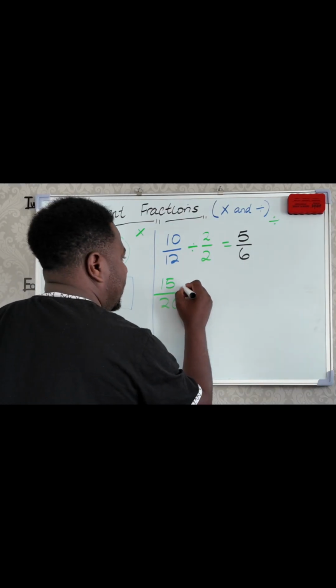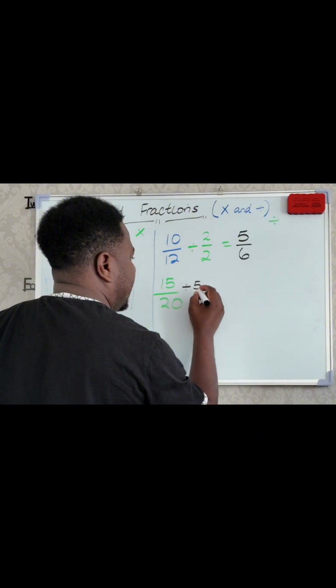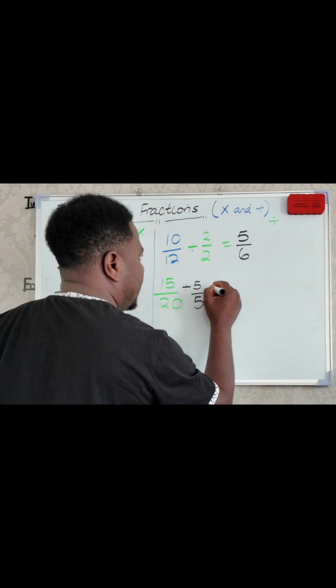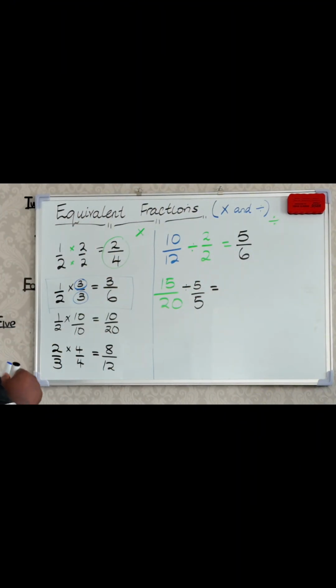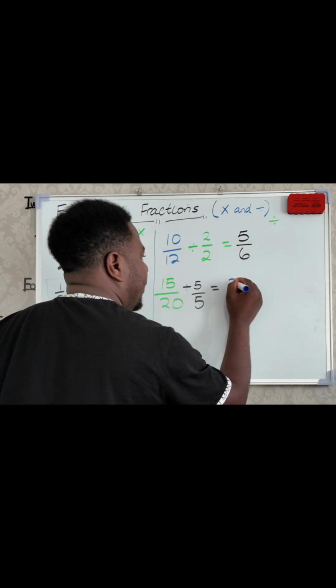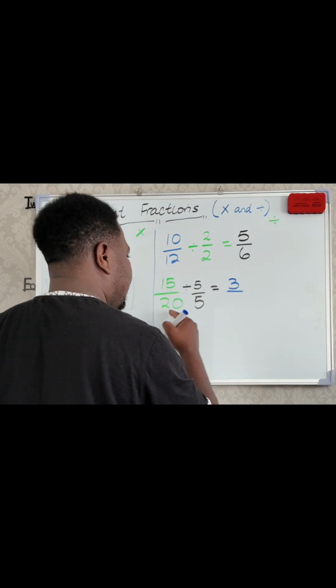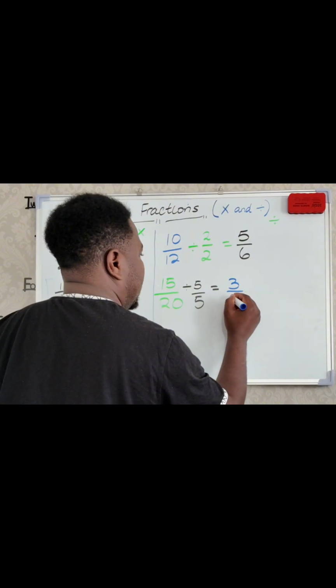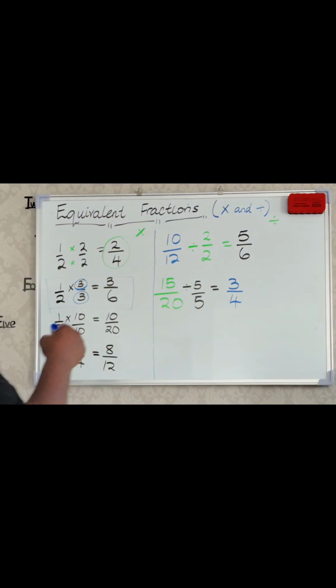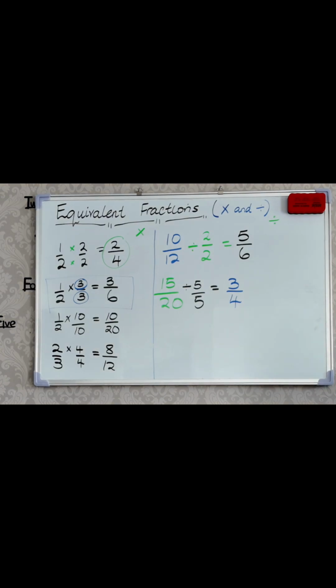So we are going to say divided by 5 over 5, which is equal to. Then we say how many times does 5 go into 15? It goes in 3 times. How many times does 5 go into 20? It goes in 4 times. So we're now saying 15 over 20 is equivalent to 3 over 4, or to 3/4. Right. Moving on.